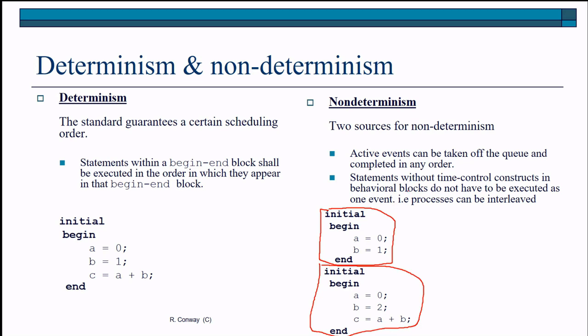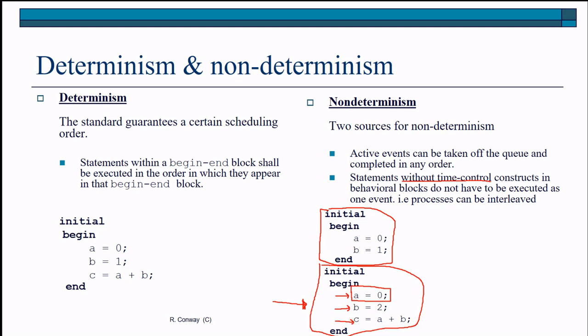Now, the second form of non-determinism states that statements without time control, in other words, when we have no delay control, such blocks do not have to be executed as one event. And what this means is the following. Let's say the simulator starts with this initial construct, processes the first statement. Now, you might expect that after doing that, it'll proceed to the second statement and third statement in the order listed.